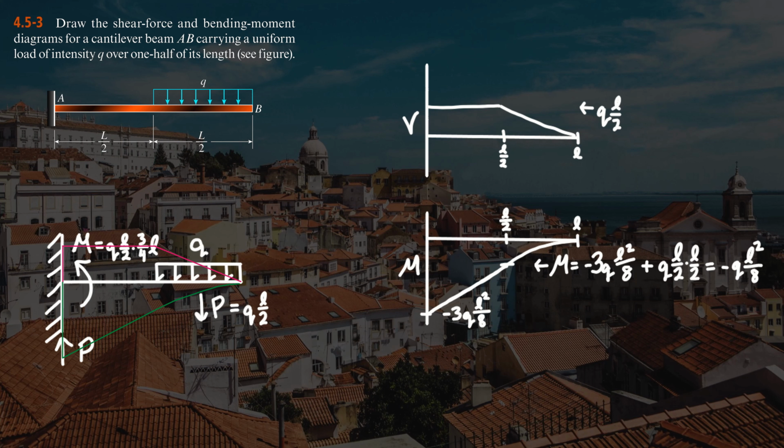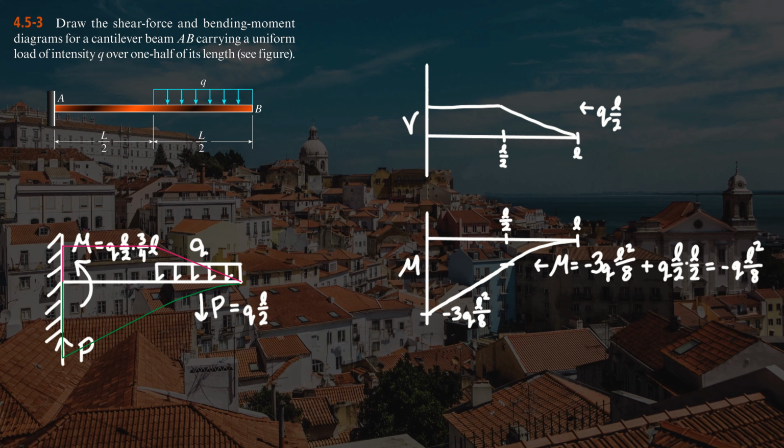So negative 3Q blah blah blah plus Q L halves plus, and then our Q times the distance that you've had it go, so X minus L halves, times the moment portion of it, so that centroid, X minus L halves over 2.